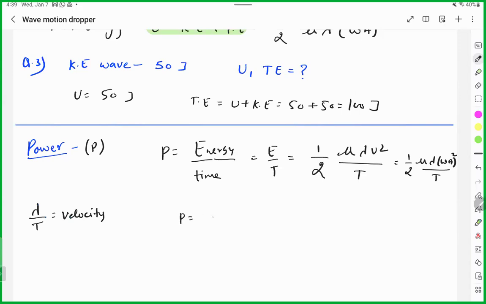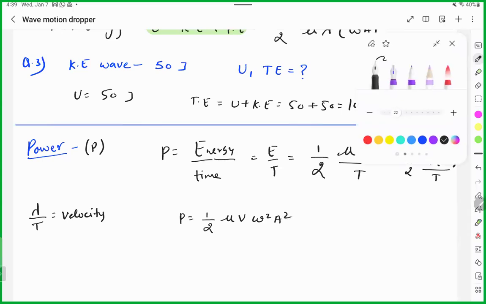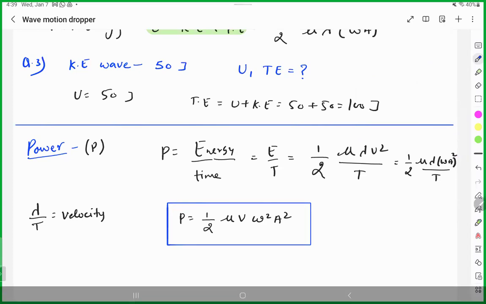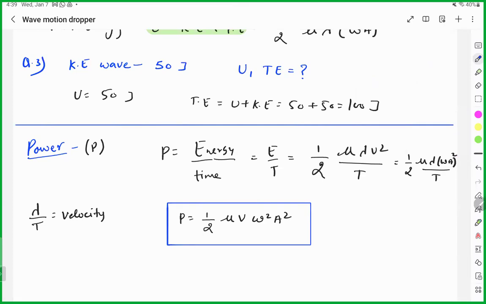That's why you will see power is equal to 1 by 2 nu, instead of lambda by t, you can say V omega square and A square. Any doubt, guys?